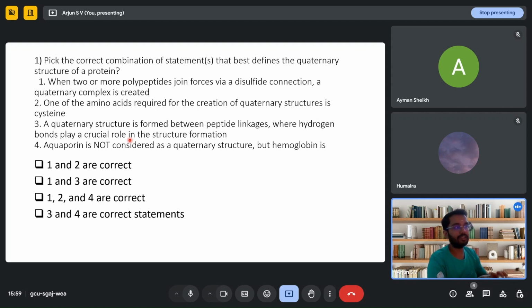What happens in the quaternary structure is that it mainly forms disulfide bonds and other non-covalent interactions. So 1 and 2 are correct, and any options having 3 and 4 are incorrect.